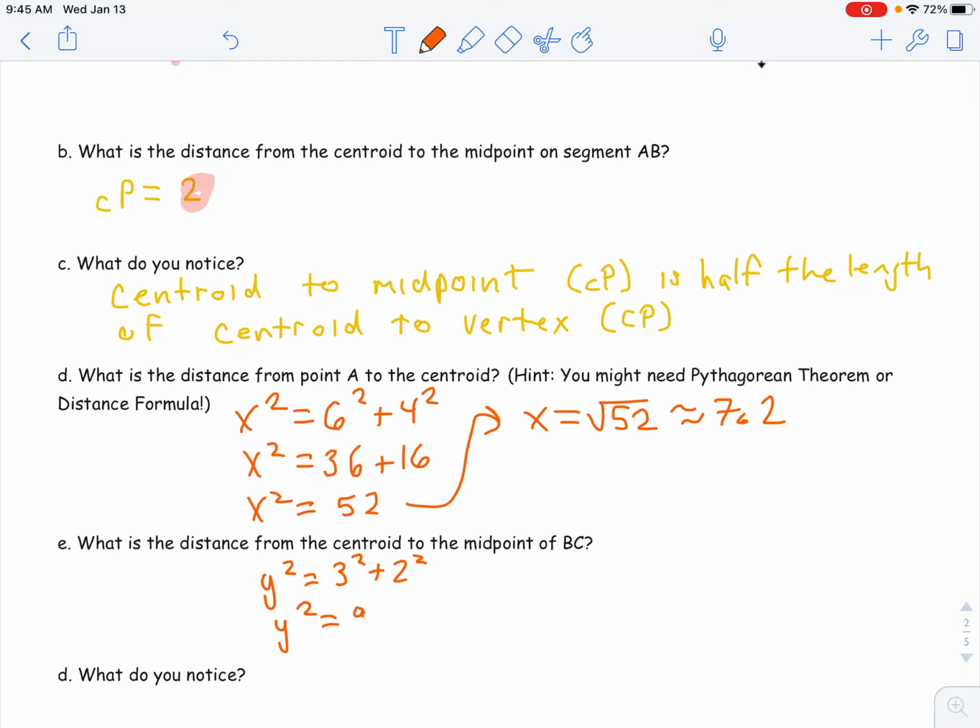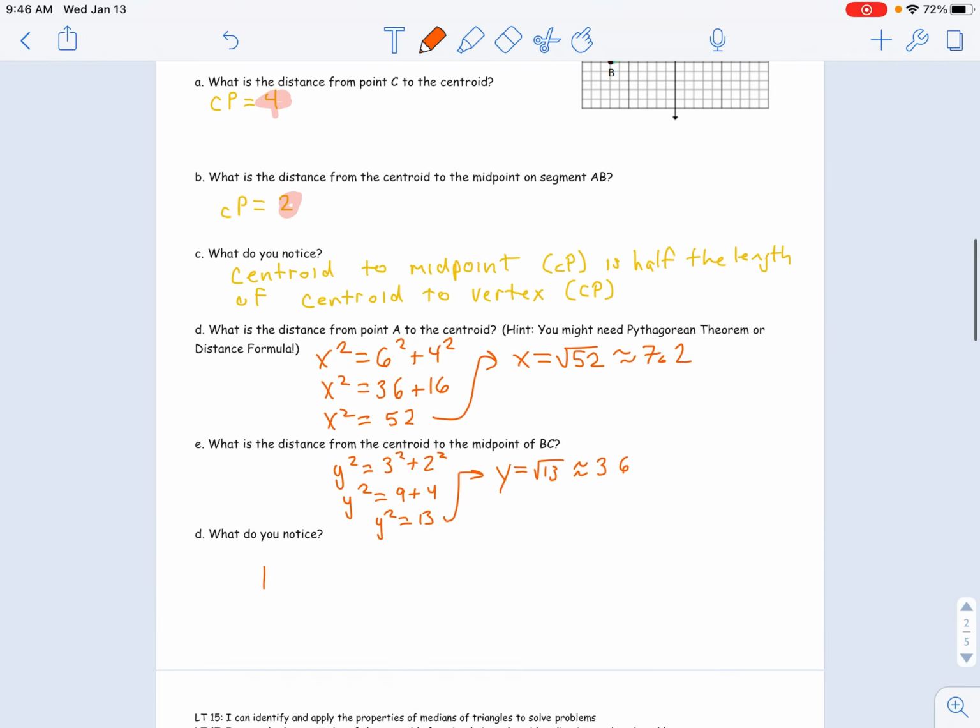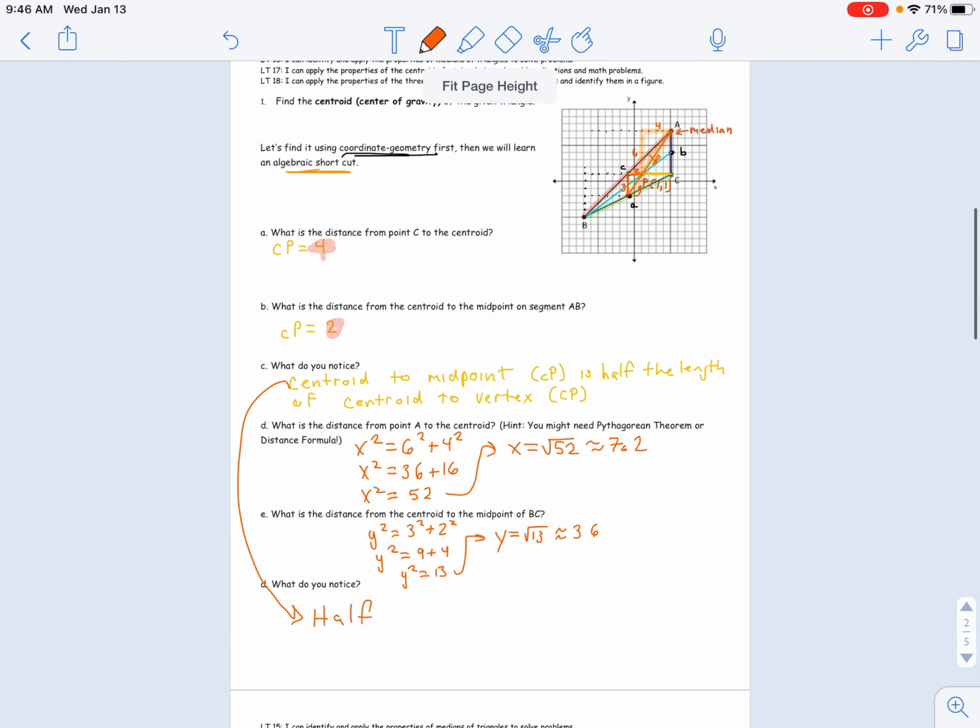Y squared equals 9 plus 4. Y squared equals 13. Y equals the square root of 13, which is about 3.6. So again, it's half. Instead of rewriting that all again, we're just going to say it's about half. Or no, it's exactly half.